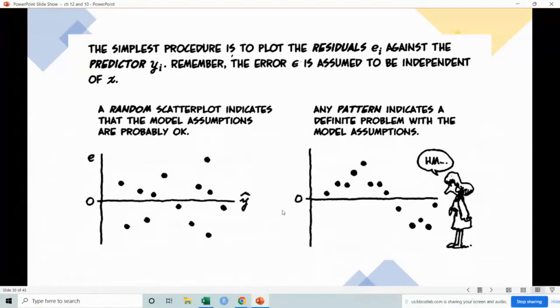Remember the error, or epsilon, is assumed to be independent of x. So what we would expect is the residuals to be completely randomly distributed, so the error term is independent of x. Any pattern in the residuals indicates a definite problem with the model assumptions.